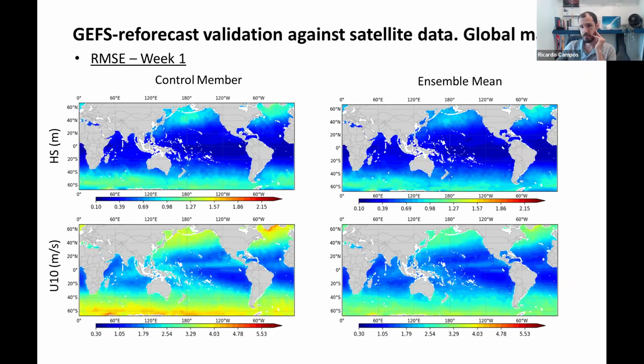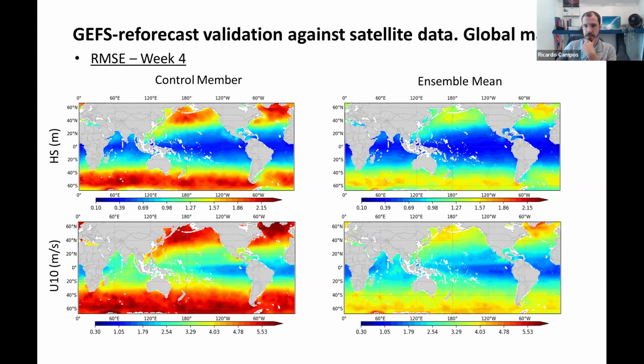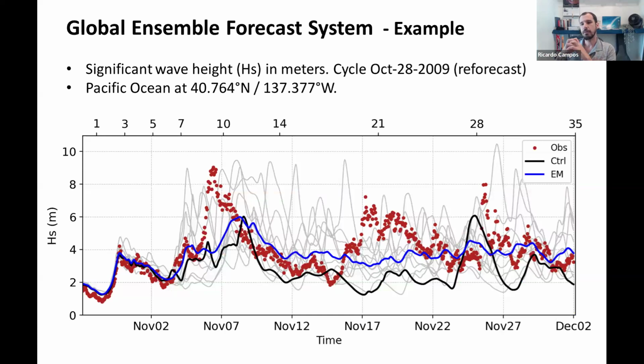And then we can see, moving from week 1, the benefit of the ensemble mean compared to the control member. Week 1 is similar, but as we go to week 2, there's a large error on the control member that is preserved on the ensemble mean. So it reflects the benefit of the ensemble forecast compared to the deterministic forecast. But again, I go back to my example.